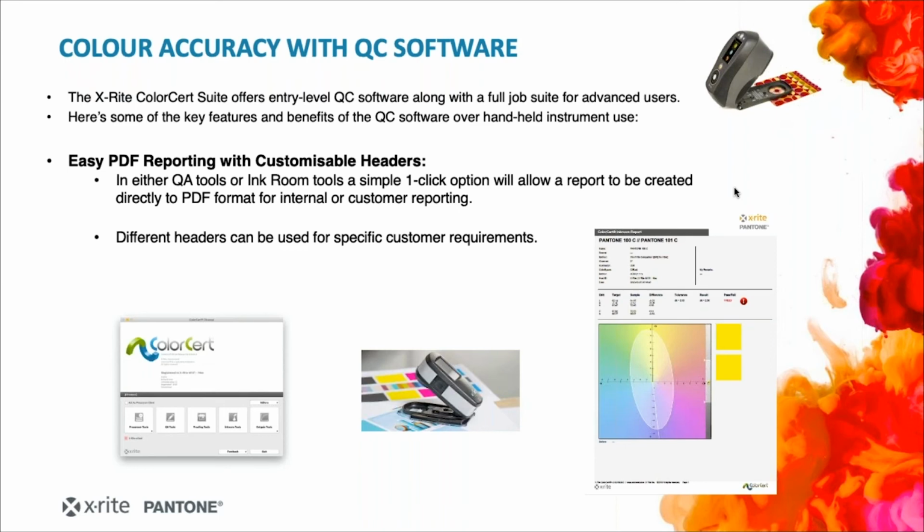Here a PDF can be created quickly and easily. The header on the top of the PDF can also be customized. Put your own customer logo on it. This can then be formatted in PDF format, instantly emailed to a customer.